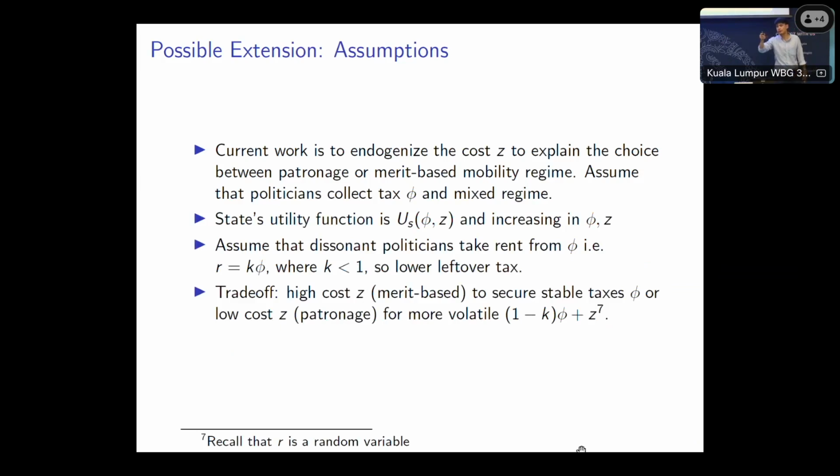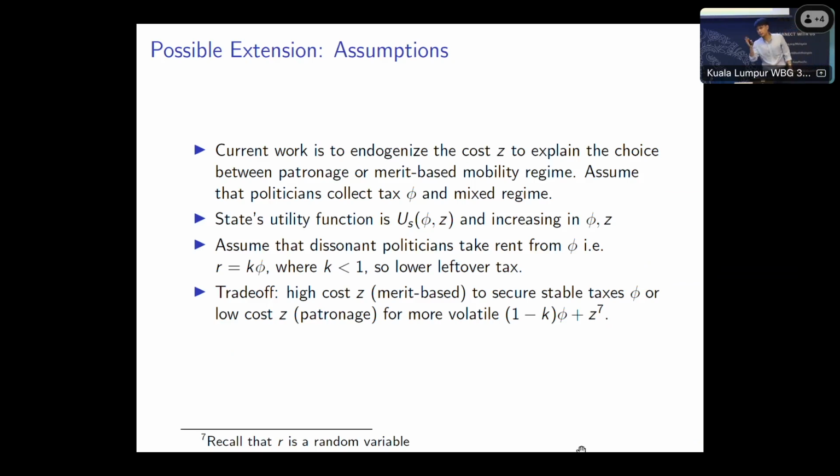Z is the cost that you pay to get the overall benefits. So Z is the cost you pay to access the social status improvement for dissident politicians, and it only applies to dissident politicians. Yeah, and you think that endogenizing that is the most important aspect of the model that we need to do right now.